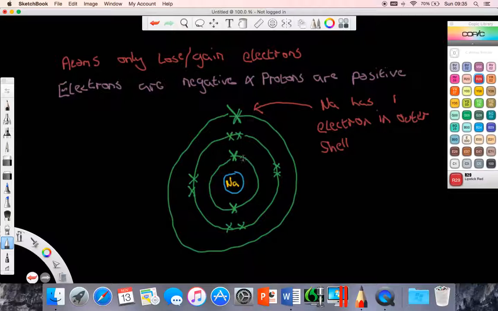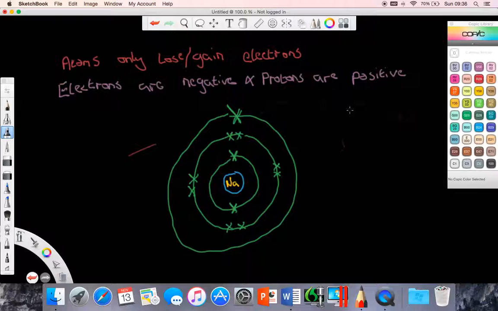Okay? So if we change our diagram, so it's got 1 electron in its outer shell, therefore it's easier for sodium to lose this 1 electron, rather than find 7 electrons from anywhere to fill its outer shell. It'd be far easier for it to say, right, let's get rid of this 1 electron.